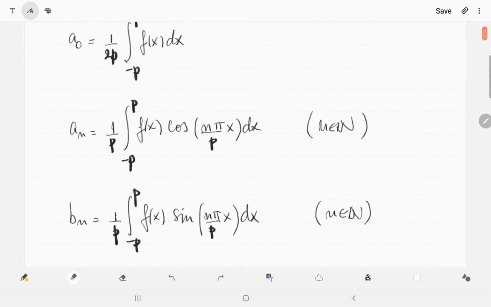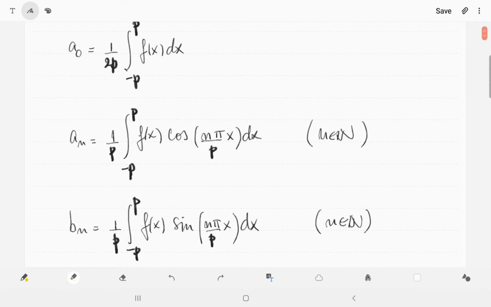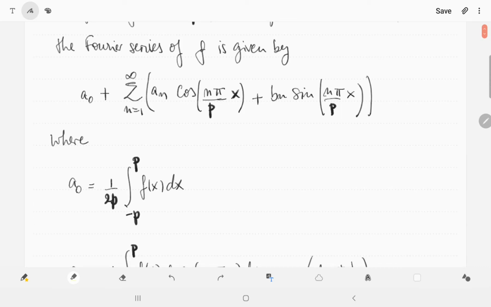Okay, so just for you to notice, these coefficients are exactly f times the function that is next to each coefficient. So if we go back to the Fourier series representation, a0 is exactly f times 1, and 1 is here.